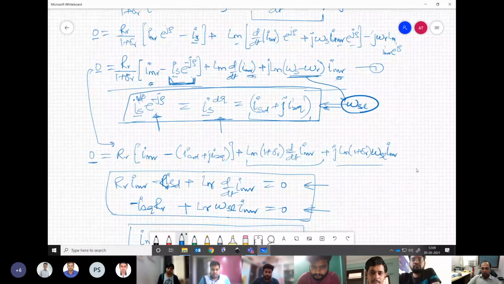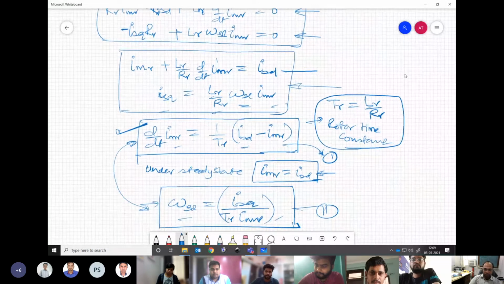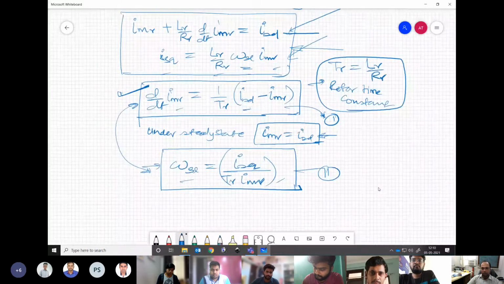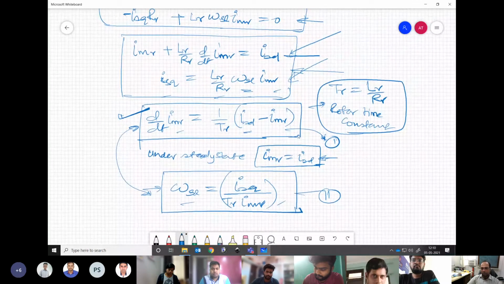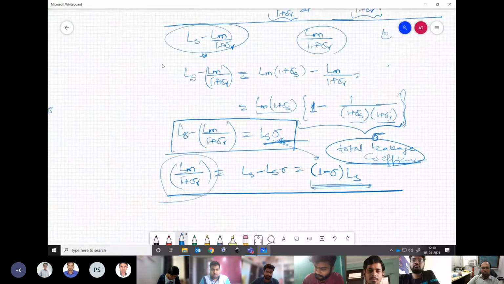These two parts basically give the relation between IMR and ISD, and the second equation gives the relation between the slip speed and the IMR and ISQ. So these are the first two equations we get from our induction motor model. We got these two from the rotor voltage equation.